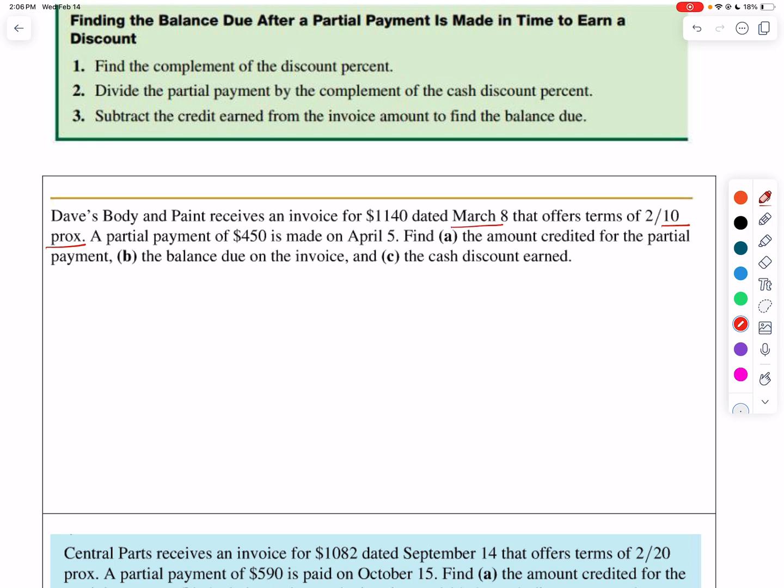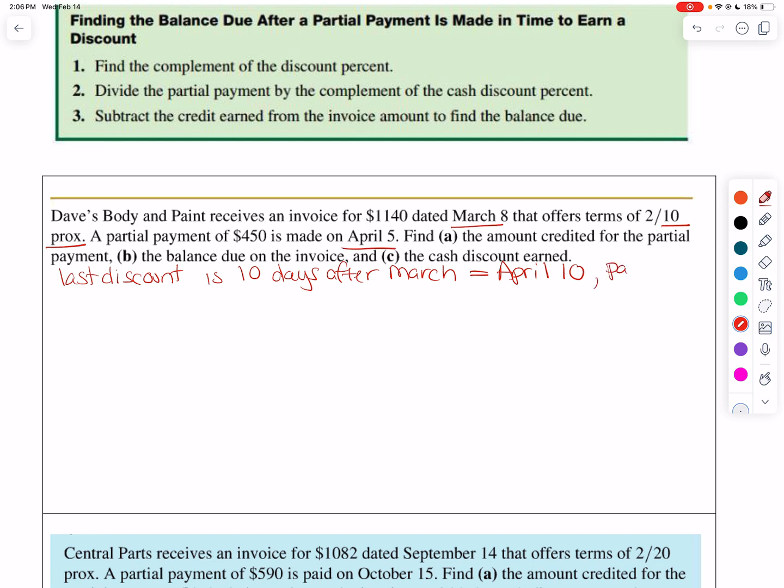So the last discount date is 10 days after March, which would be April 10th. Well, they made a partial payment on April 5th.